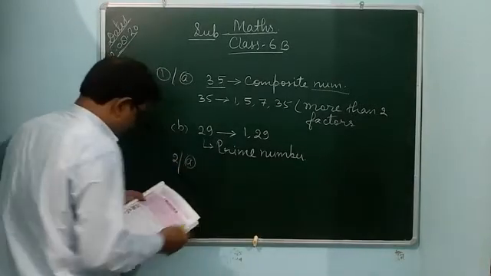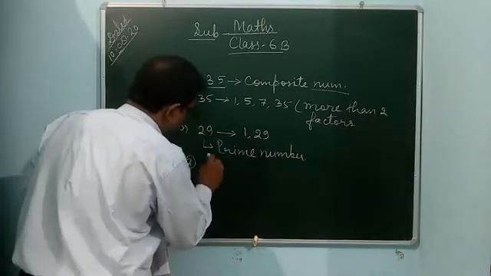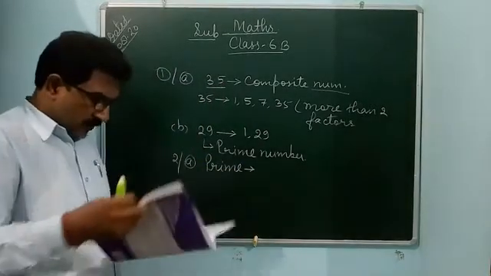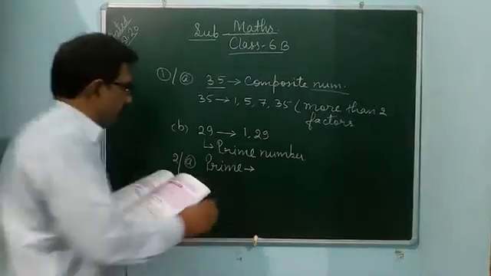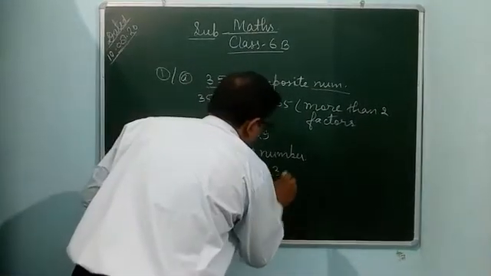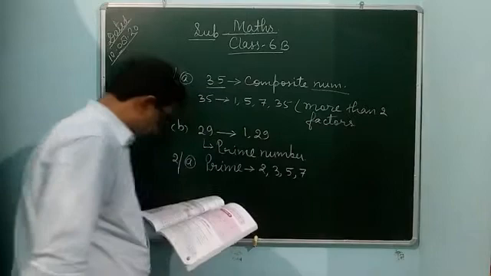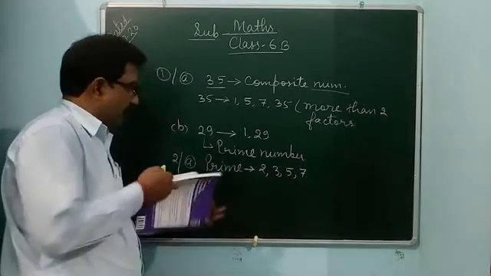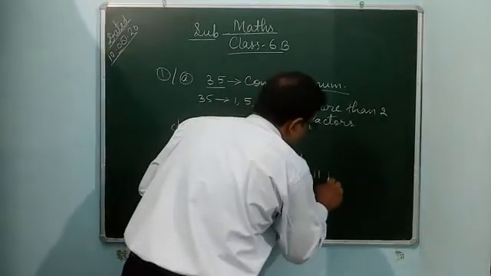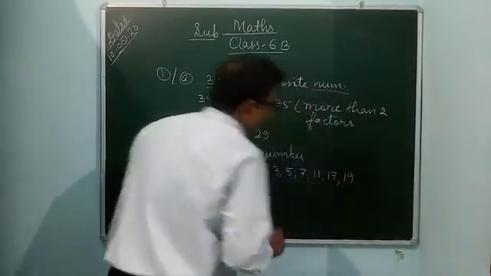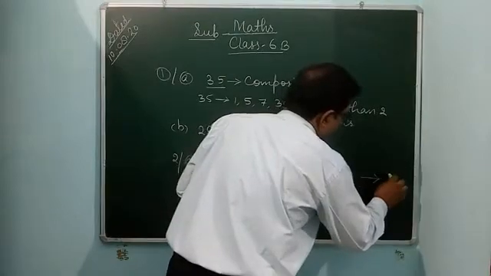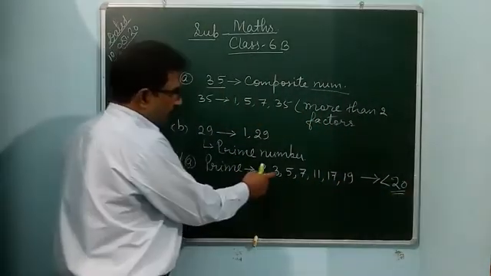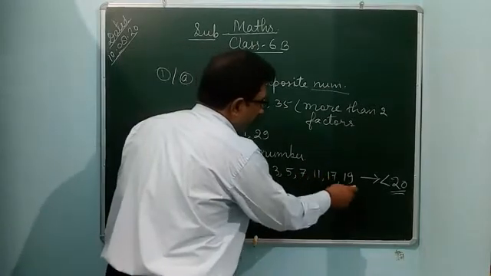Part A. The prime numbers less than 20 are 2, 3, 5, 7, 11, 17 and 19.